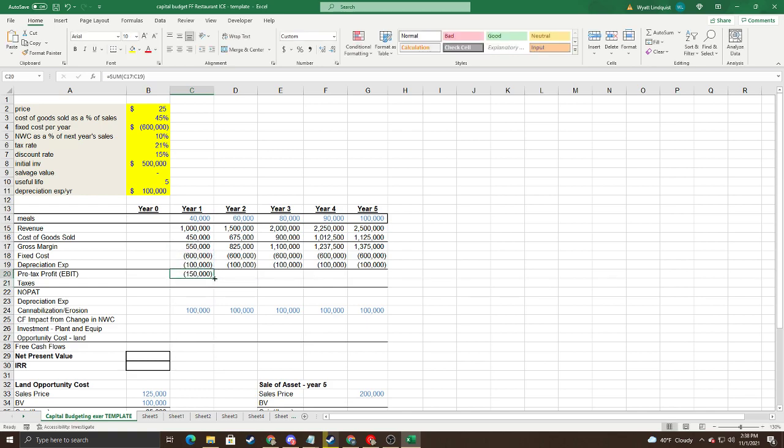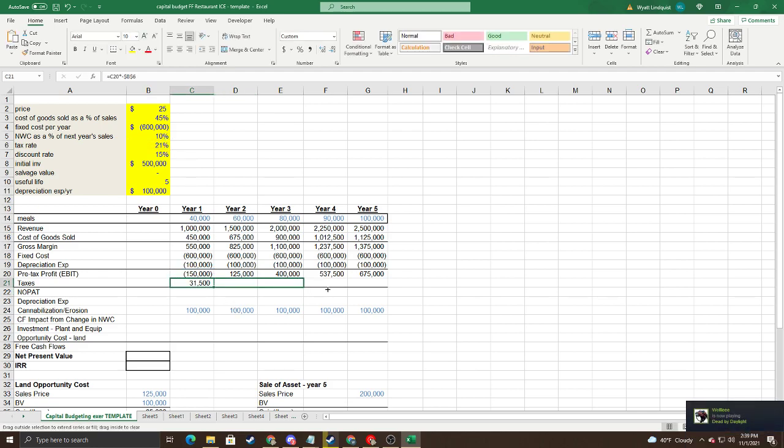Now, I'm going to make everything a little bit easier on us. So now this is our earnings before income tax, or our pre-tax profit. Now our taxes are just going to equal our income times the negative tax rate. So why are we using the negative tax rate?